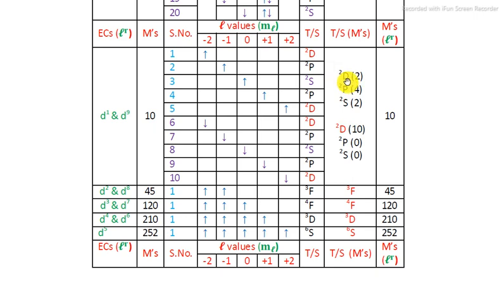That is why I have written 2D term 10 microstates. For these D1 and D9 electronic configurations, 3 terms or states are possible, but only one term or state exists, that is 2D with 10 microstates. 2P term, 2S term, they do not exist.